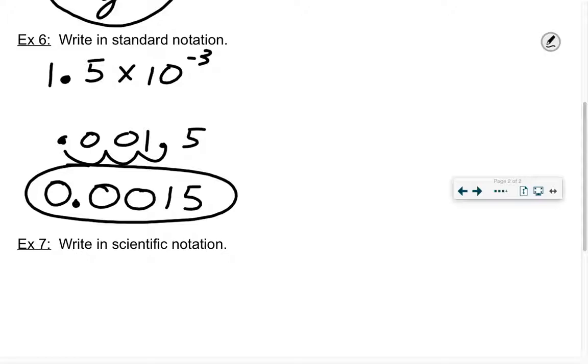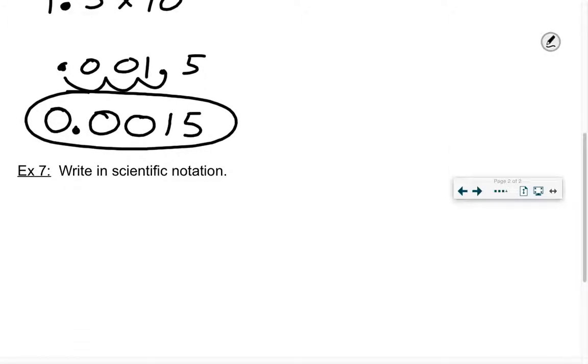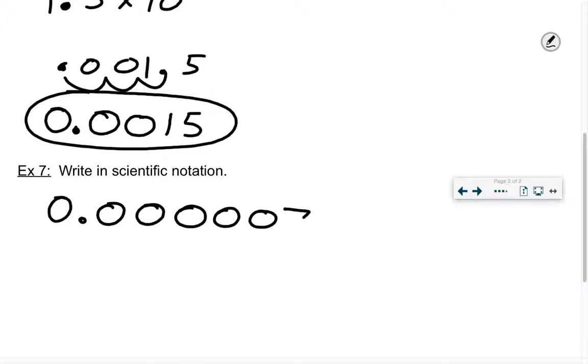Last one. One, 2, 3, 4, and 5 zeros. Then we have that 7. I want you to write it in scientific notation.